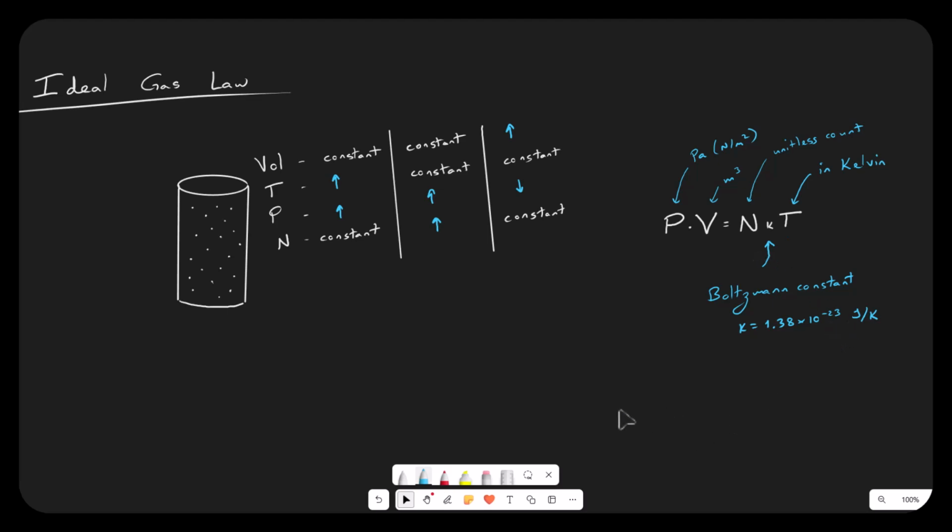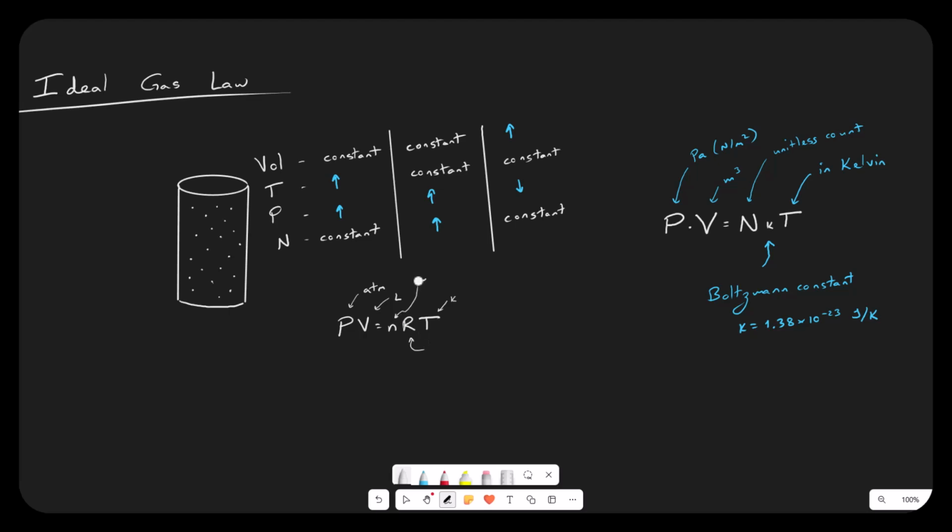If you have taken Gen Chem, you would see a version of the ideal gas law that says PV equals nRT, and this is very closely related. When we do that one, we do pressure in atmospheres, we do volume in liters, temperature is still in Kelvin, but now this R value and the n value is a little different.